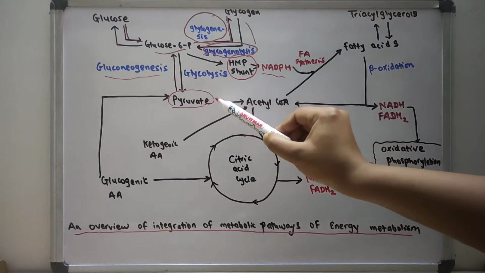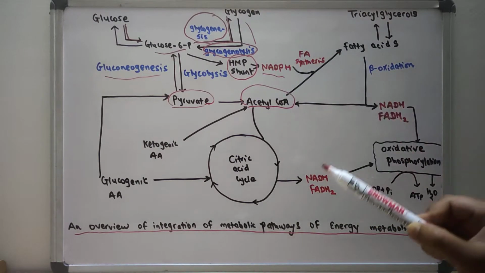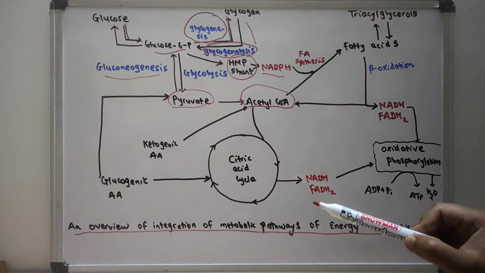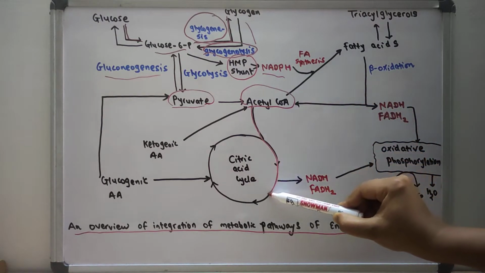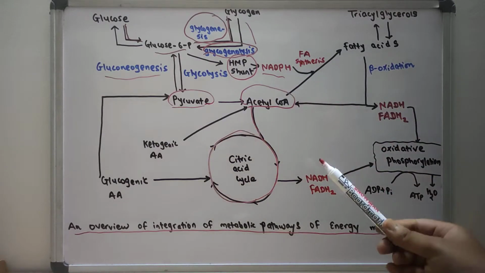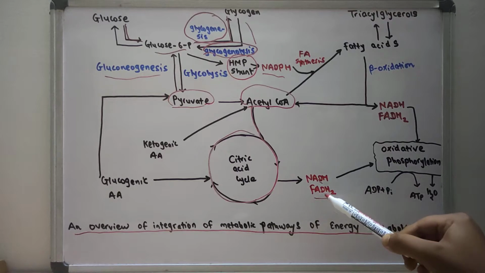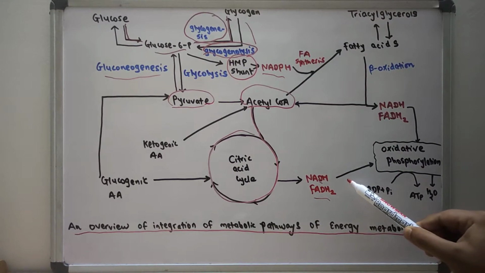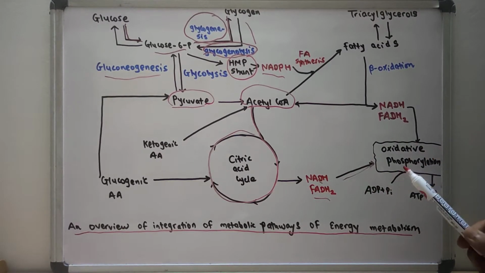This pyruvate can be converted into acetyl coenzyme A. This acetyl coenzyme A enters into a number of metabolic pathways. It enters into the citric acid cycle. From the citric acid cycle, NADH and FADH2 are acquired, and these enter into oxidative phosphorylation, thereby creating ATP.